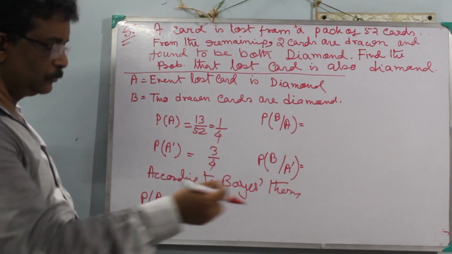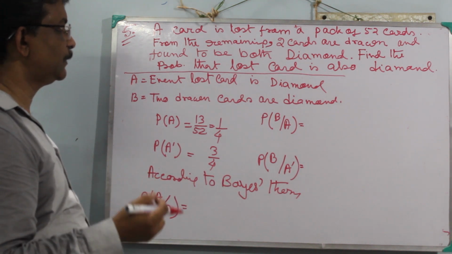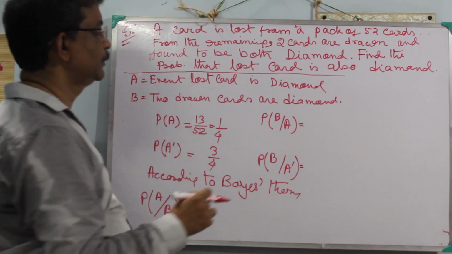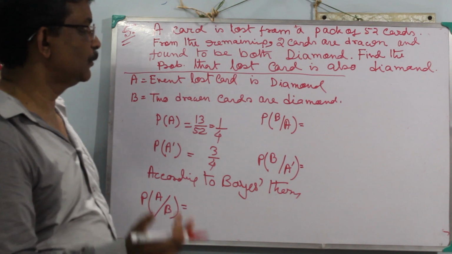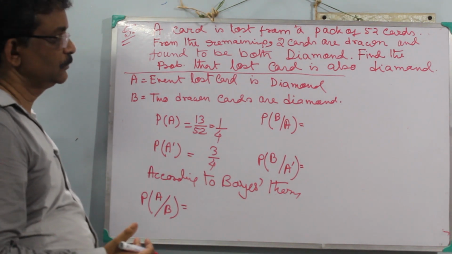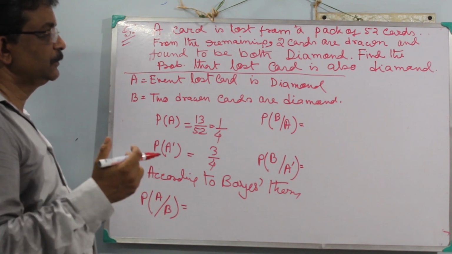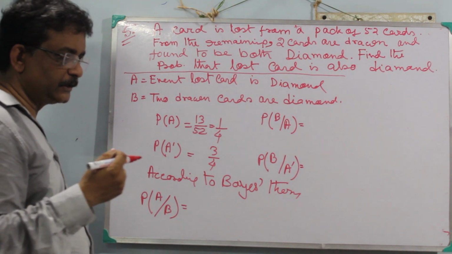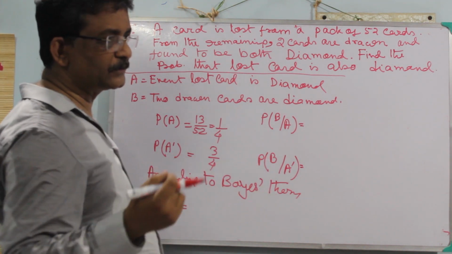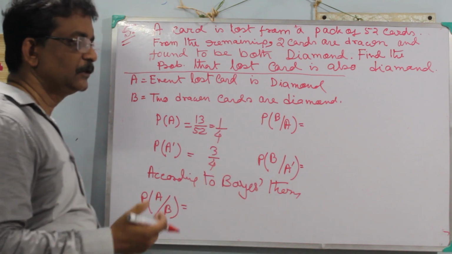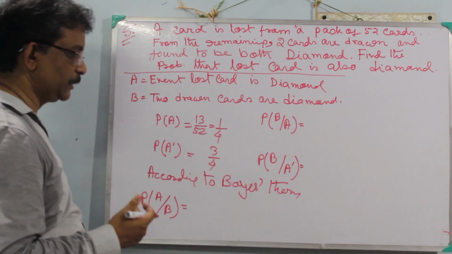Find the probability that the lost card was also diamond. So first, in a pack of cards, 1 card is lost and then 2 cards are drawn at random and it is observed that both are diamond. Then what is the probability that the lost card is also diamond?